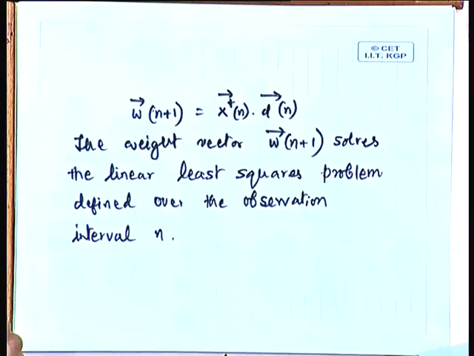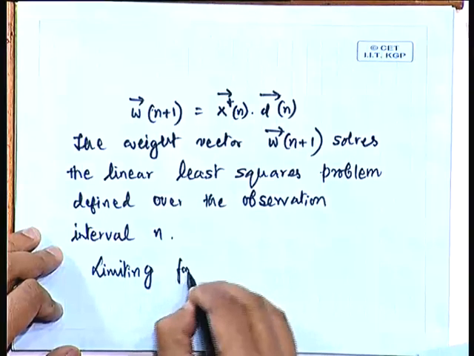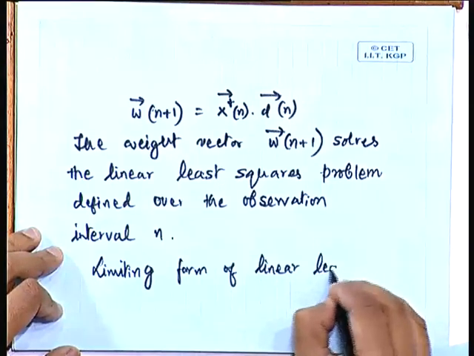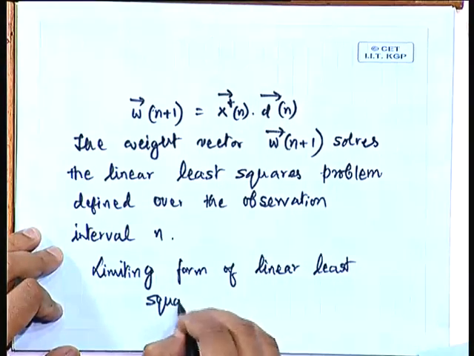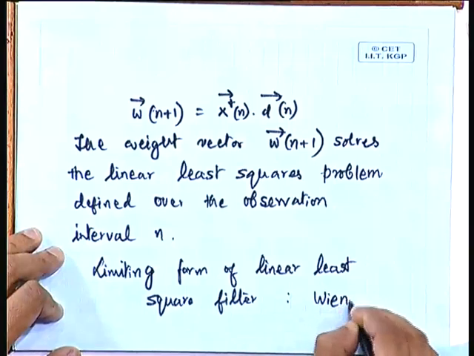So, now this is a form of expression that we have obtained, and we are going to take a limiting form of the linear least square filter, and that is called the Wiener filter.